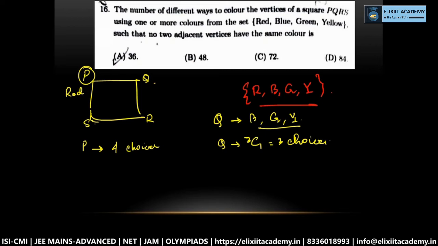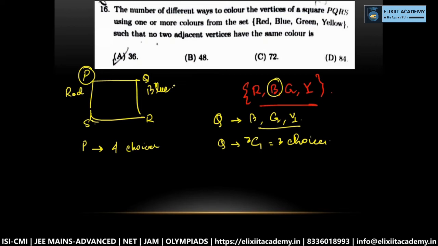Now once again we use the same logic. Let us fix a color for vertex Q, say blue. Which means the next vertex R will have 2 different cases.